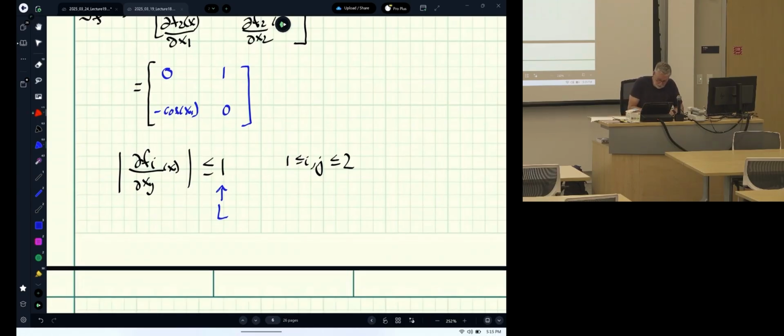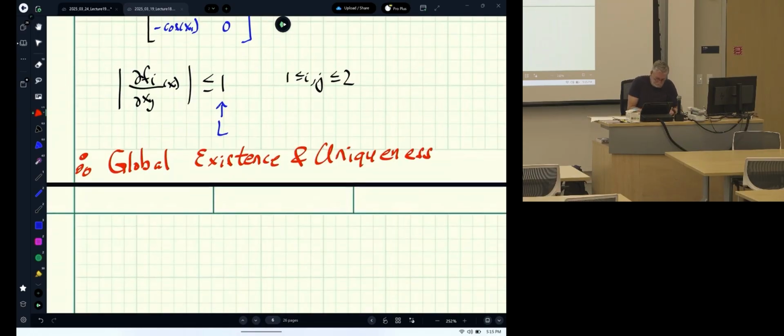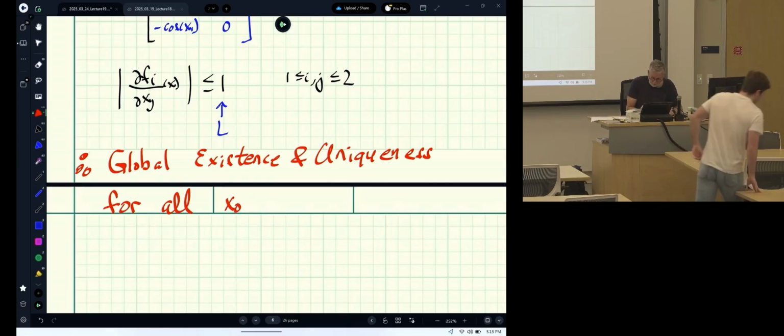And so, conclusion, global existence and uniqueness for all initial conditions in R2.